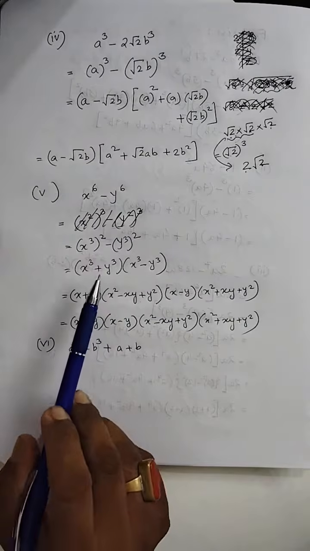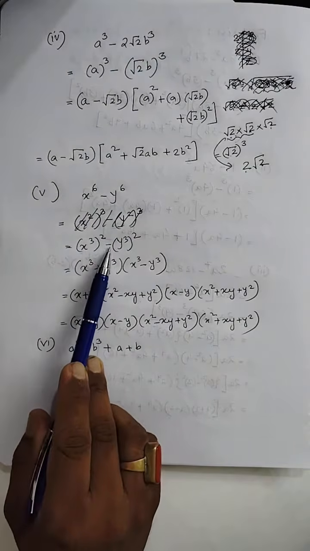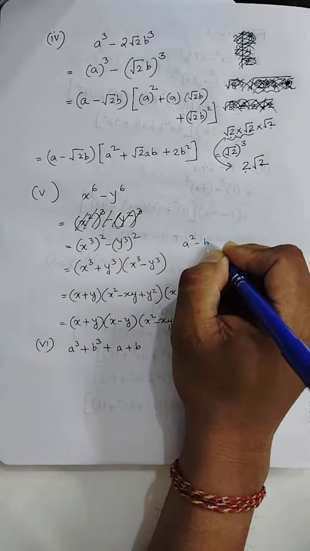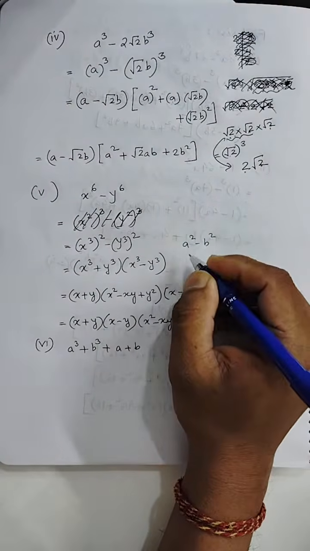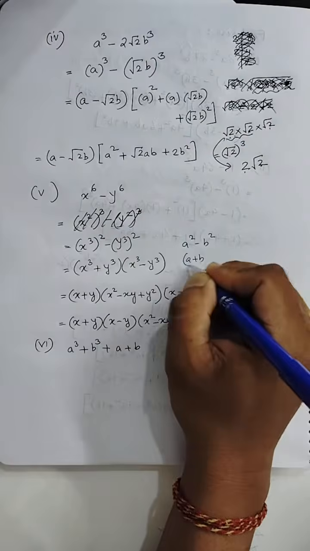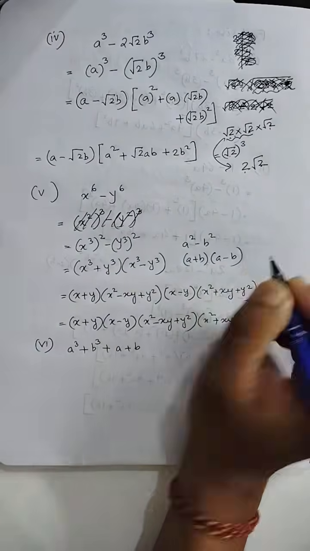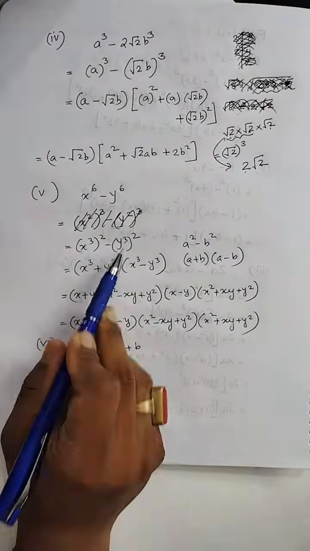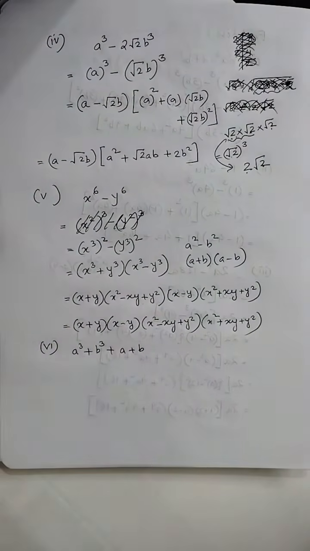Okay, so what I did, x cube whole square minus y cube whole square. So this is basically a square minus b square identity. So a square minus b square is a plus b into a minus b. So इसको a मान लीजिए, इसको b मान लीजिए, तो a plus b into a minus b. ठीक है.